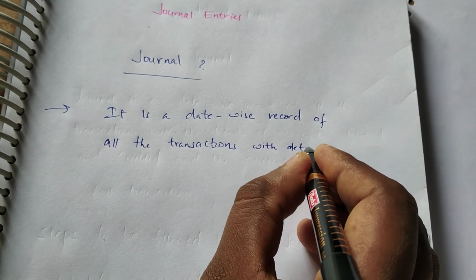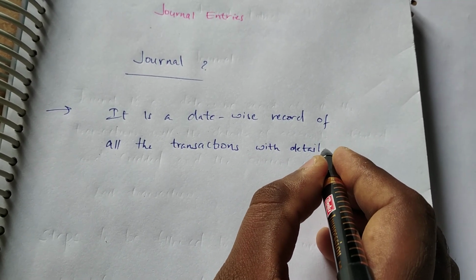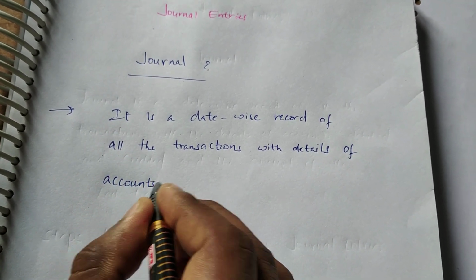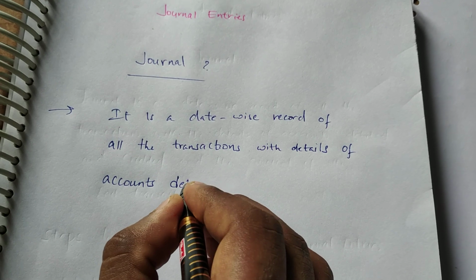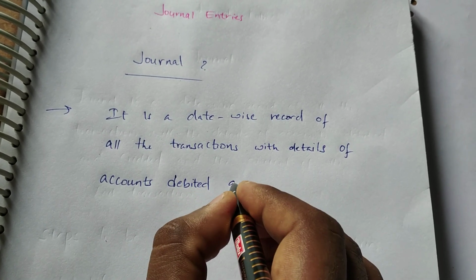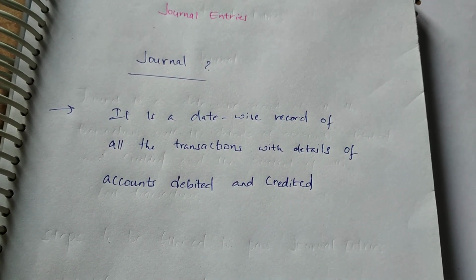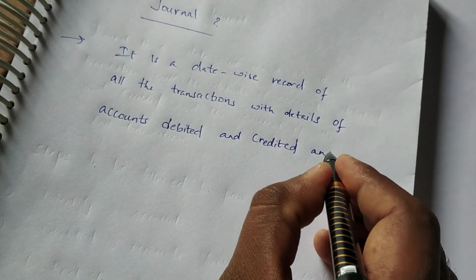What details does it comprise of? The details of accounts debited and credited, and the amount of each transaction.